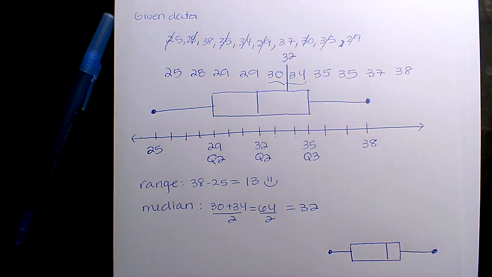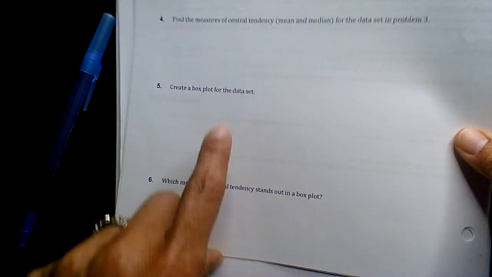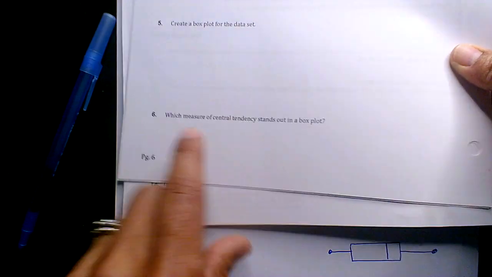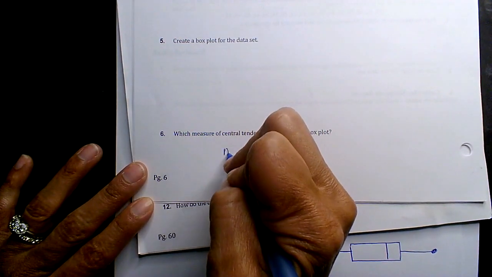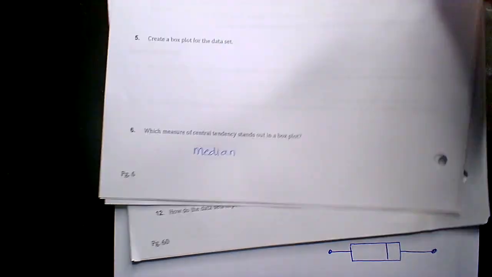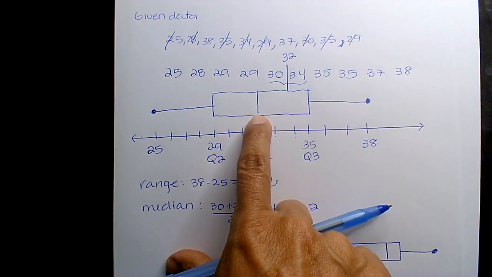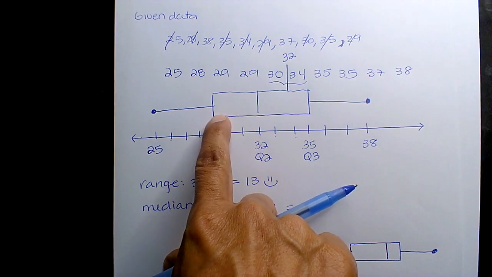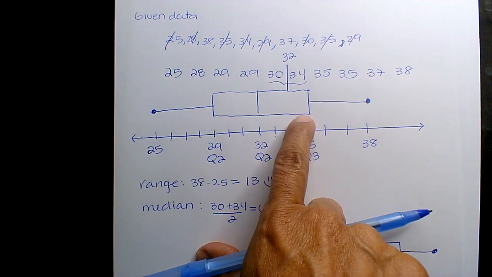Okay, so on this page 6, where it says 5, create a box plot, and then 6, what measure of central tendency stands out? It's the median, you guys. You're really looking at medians, because that's your middle value, your left middle value, and your right middle value.